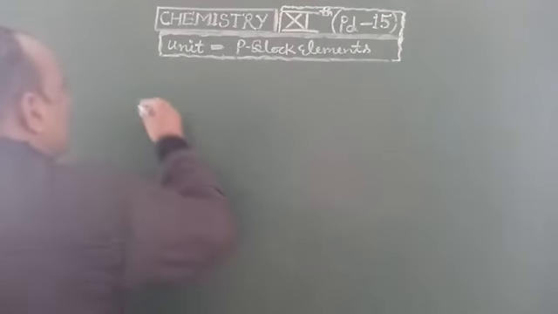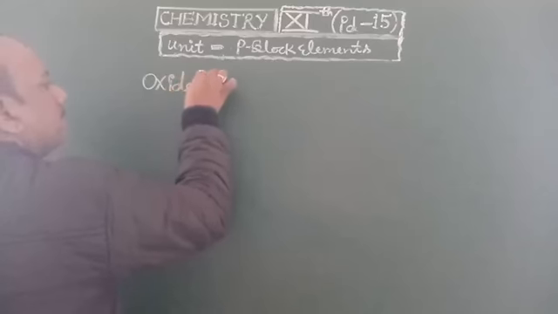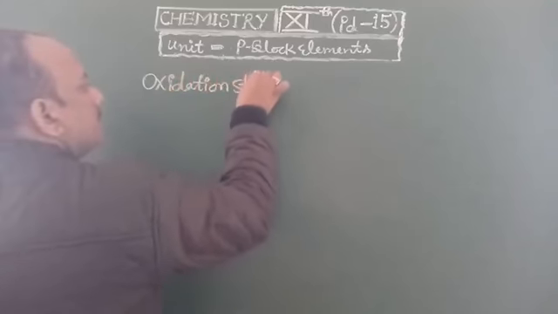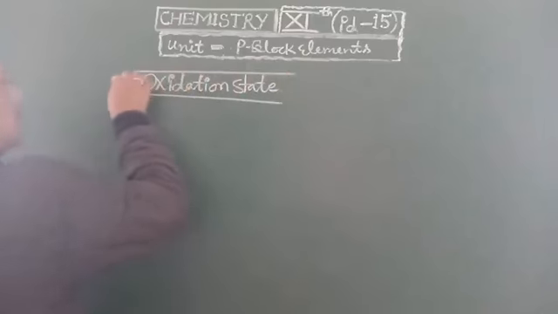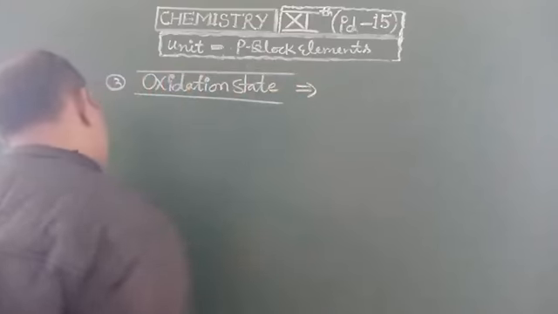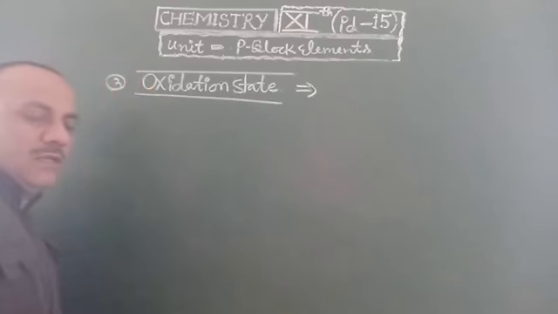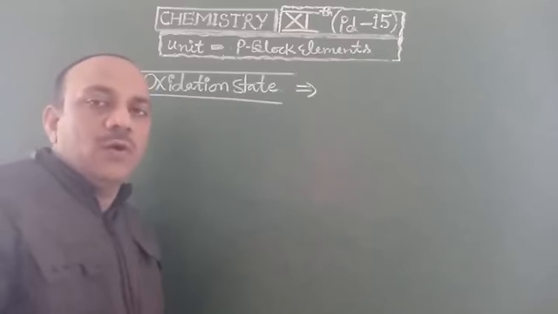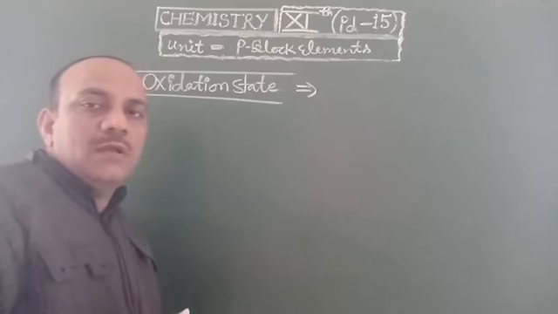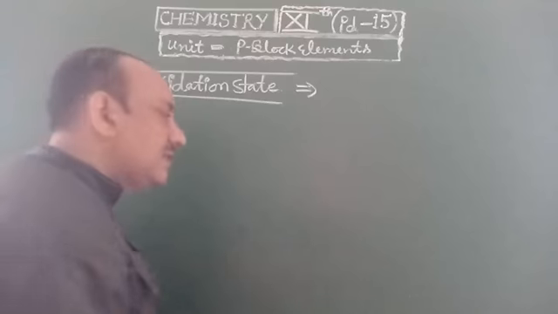Now the next point is their oxidation state. Fourth group elements show variable oxidation states, because carbon shows oxidation value 0 in organic compounds, but tin and other elements show different oxidation states in their compounds.